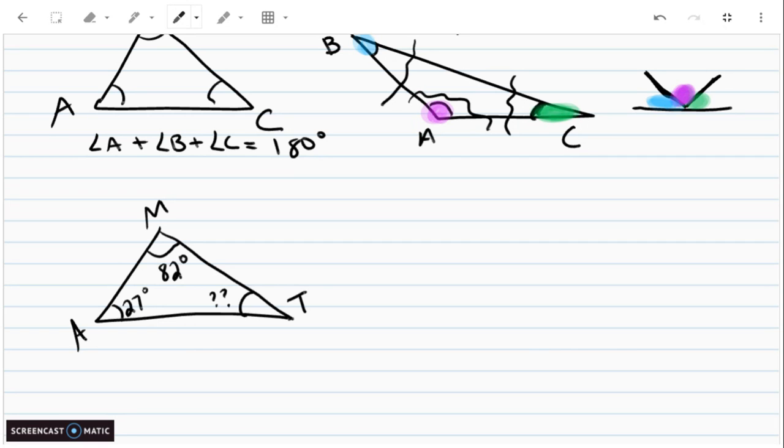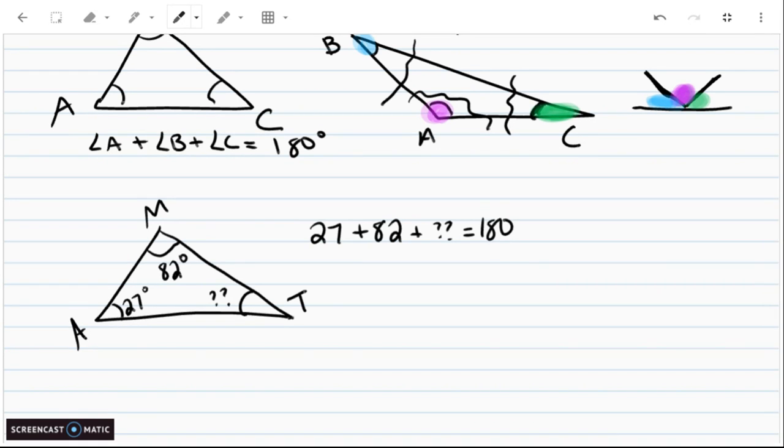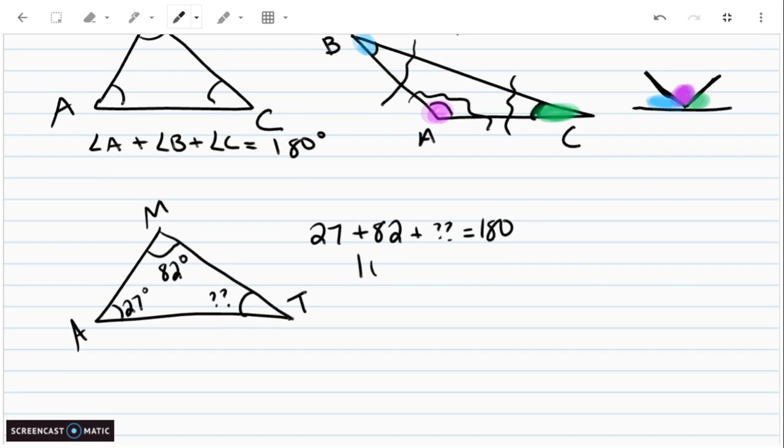So to do that, I'm just going to say, okay, 27 plus 82 plus question mark equals 180 degrees. And I'm going to add 27 and 82 together, and that's 109 plus question mark equals 180.